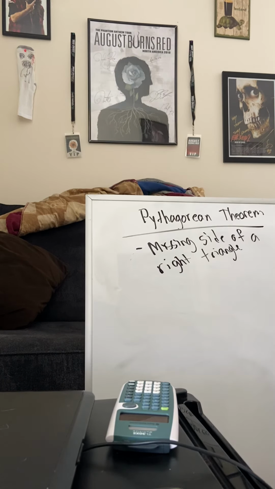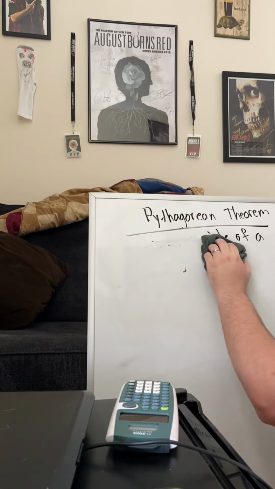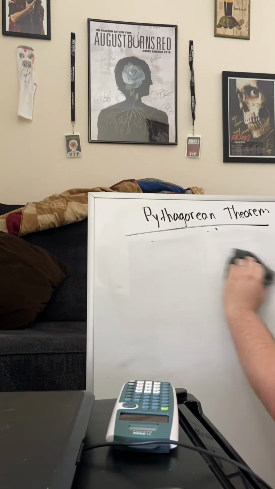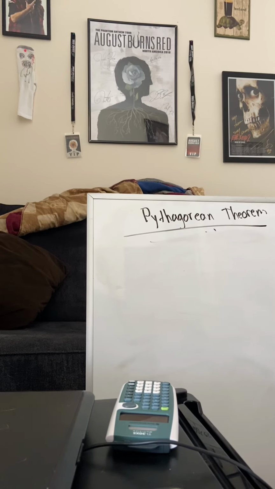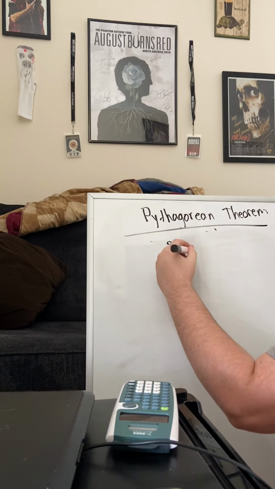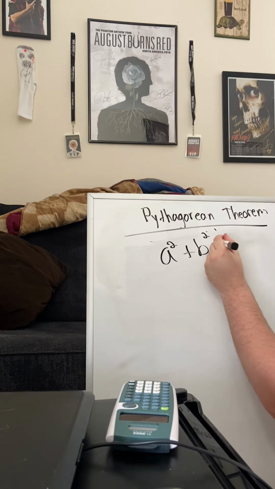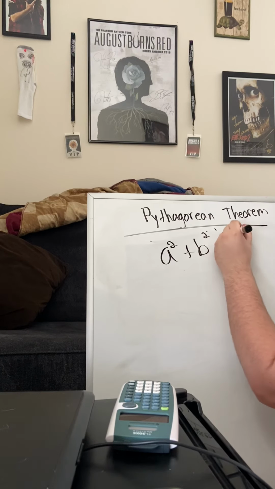That's all we use it for, okay? To find the missing side of a right triangle. Now, the Pythagorean theorem looks like this, okay? It is a to the second power plus b to the second power equals c to the second power.